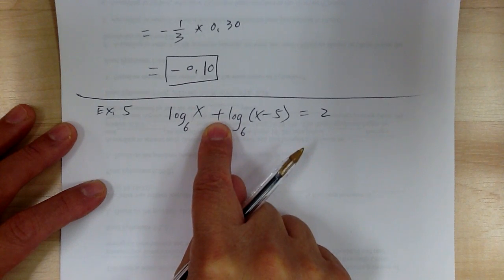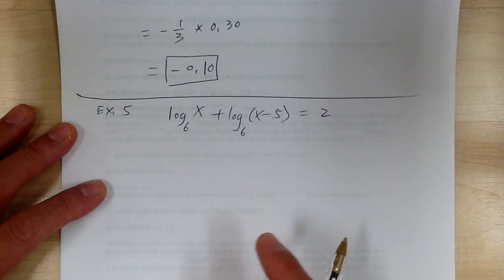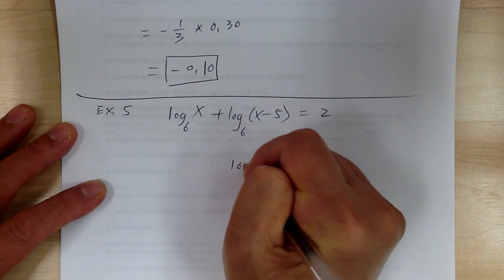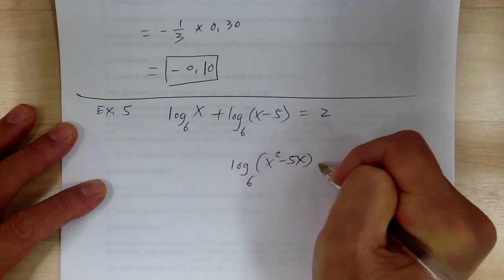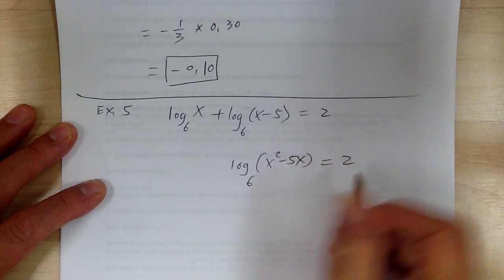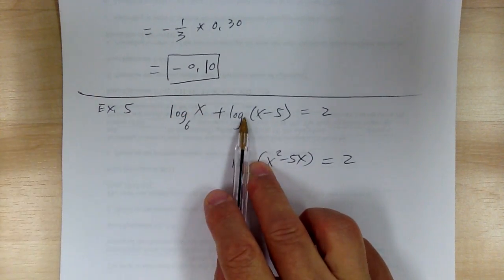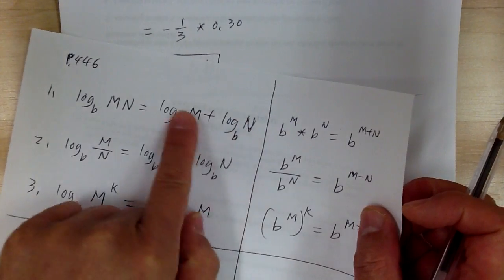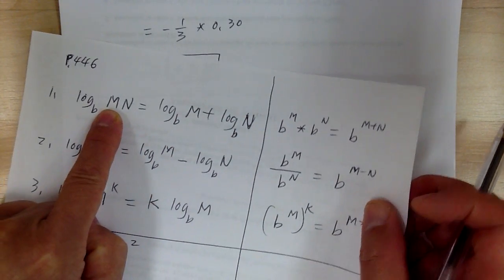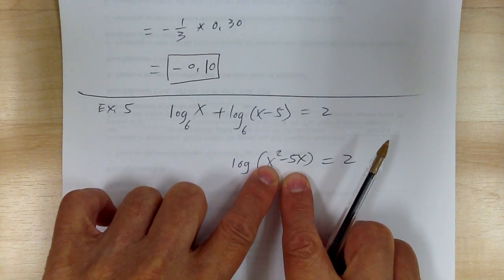Now it's addition of the logs, which means you have to multiply the inside, using the first law. So it becomes log of x squared minus 5x base 6 is equal to 2. Again, when you're adding the logs, think of exponents. This is the reverse of the first law. When you have adding, you multiply the inside. Okay? So that's what I did.